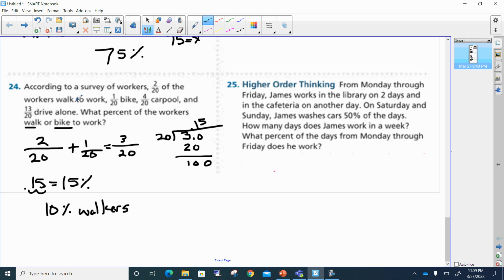And let's see, 1 over 20, that's 5%, would be bikers. But 15%, if we said, for the both of them, all right?